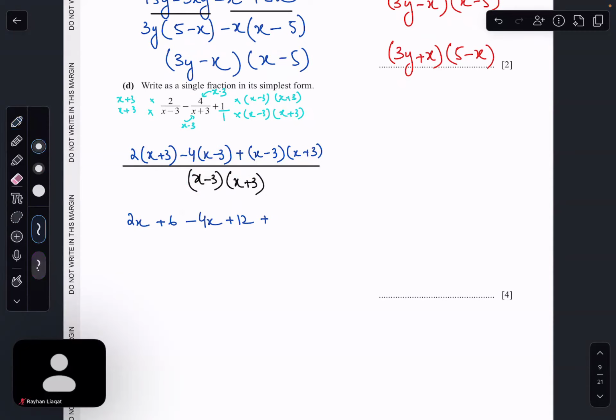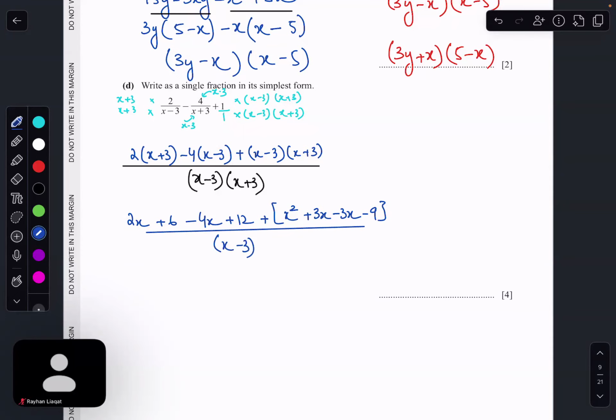Okay, I always suggest when you are dealing with two brackets, put a square bracket over here. For example, if we have a negative sign, it will change everything. Right? So it's better to use a square bracket: x squared plus 3x minus 3x minus 9. Or you can keep the bracket as it is.